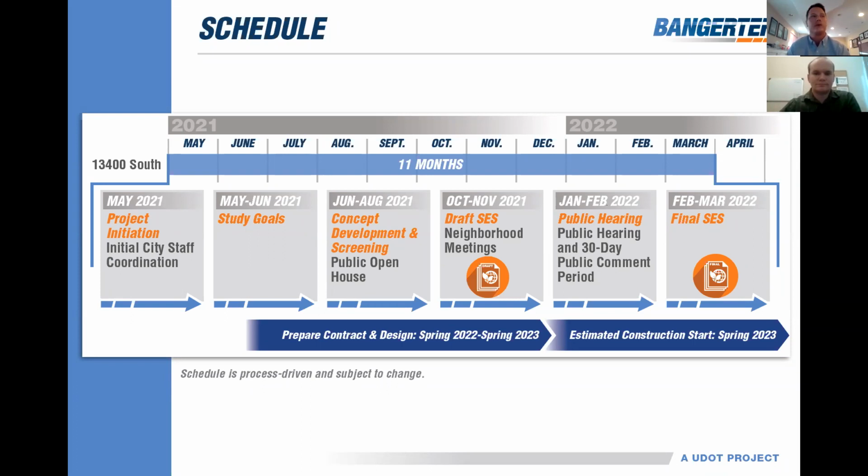UDOT will then review and respond to public comments and may adjust the design as needed. The state environmental study will then be finalized. The project will then move into contractor procurement in 2022 and right-of-way acquisition. Construction is scheduled to start in the summer of 2023 and typically takes 1.5 to 2 years to complete.